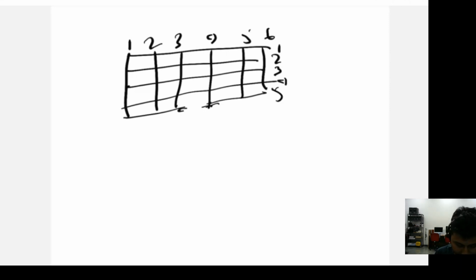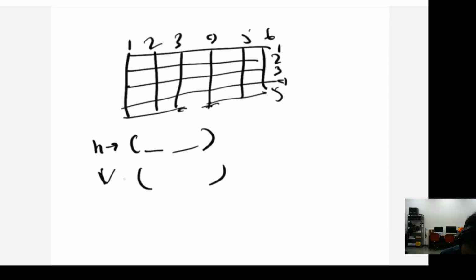Along with that they will give you two arrays. One array will contain some list of numbers and the second array will also contain some list of numbers. The first array we call horizontal one and the second we call vertical one. Suppose here they put 2 and 3, and here they have put 2 and 5.